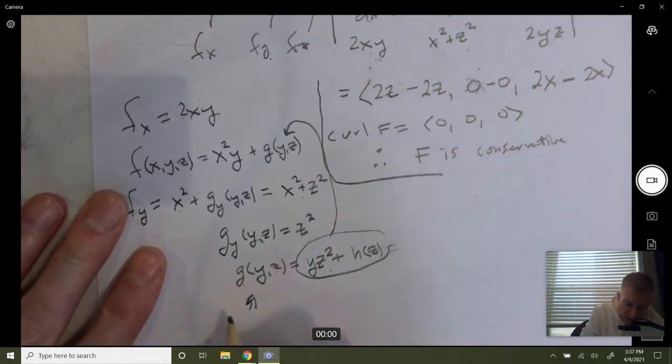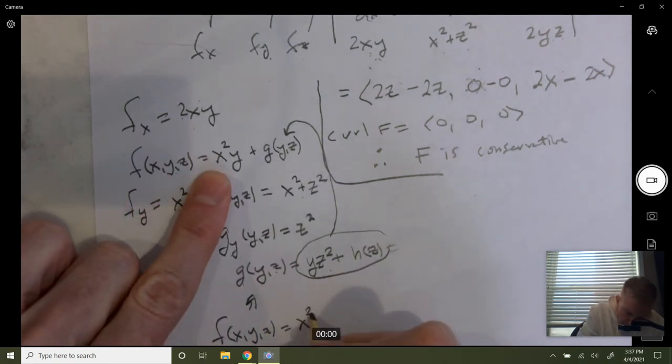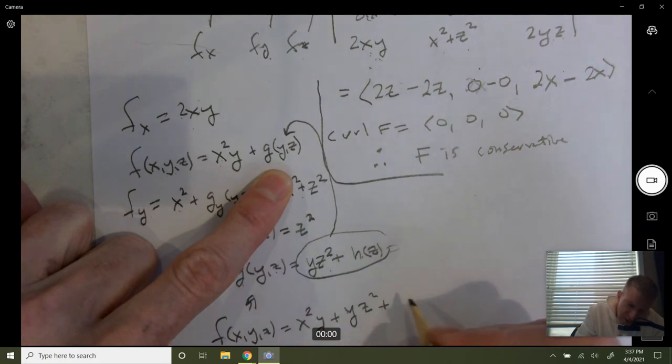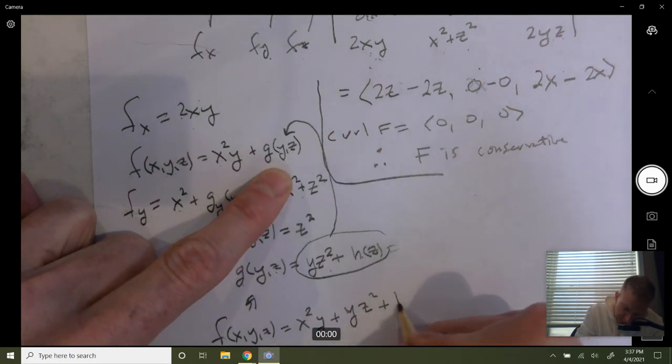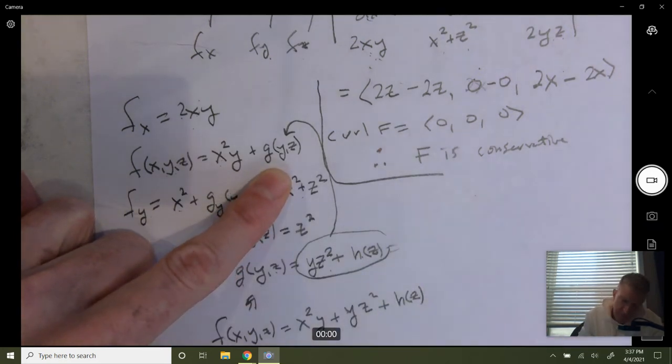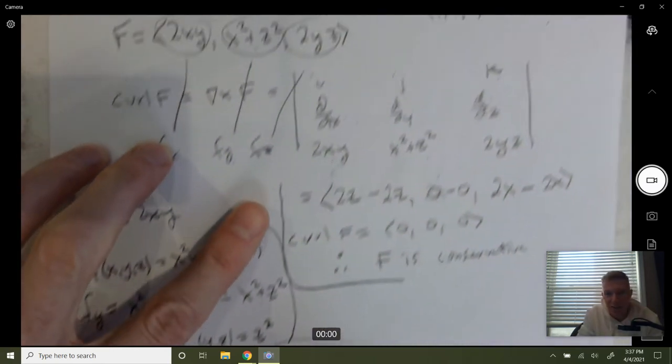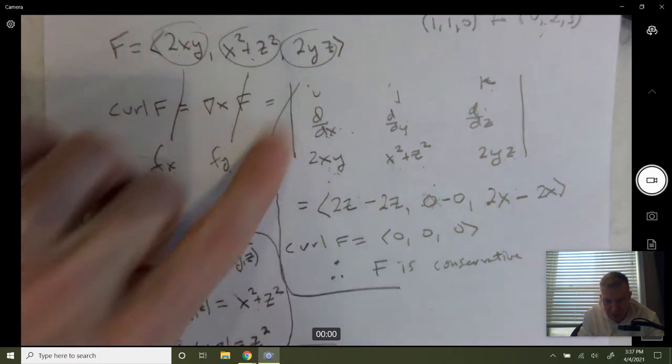So now our function f of x, y, z is equal to x squared y plus y z squared plus h of z. And now we take the z derivative of this so we can compare that to what our z derivative needs to be, the 2yz.